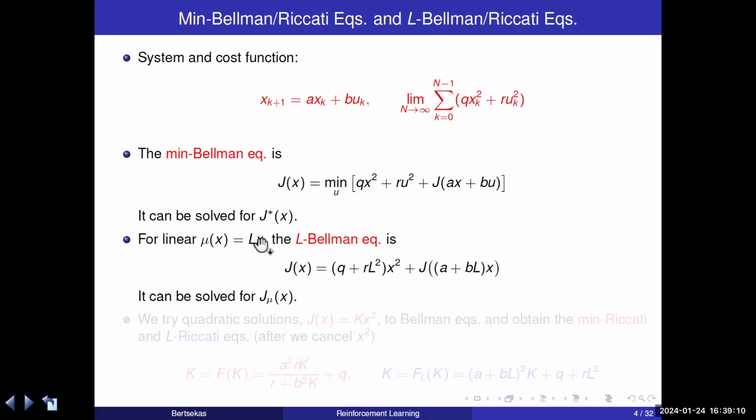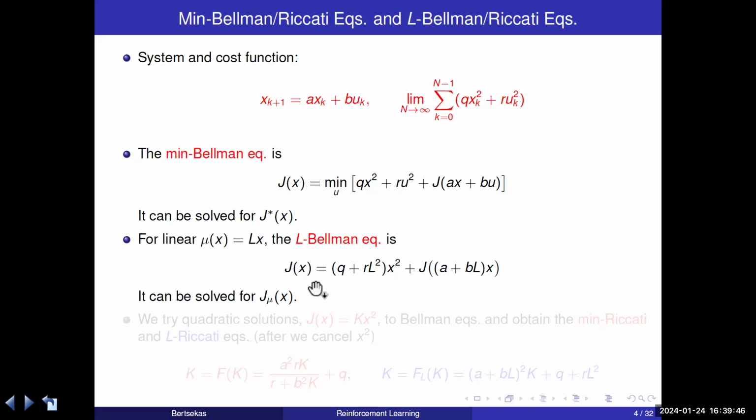If the control is Lx and you plug it into this cost function, you get this L squared x squared term. And here you get the Lx term. So this is the same as whatever is minimized here, but instead of minimization, we plug in the value of the control, Lx. And if you solve this by the same reasoning as we had for the min Bellman equation, you get as a solution the cost function of this linear policy.